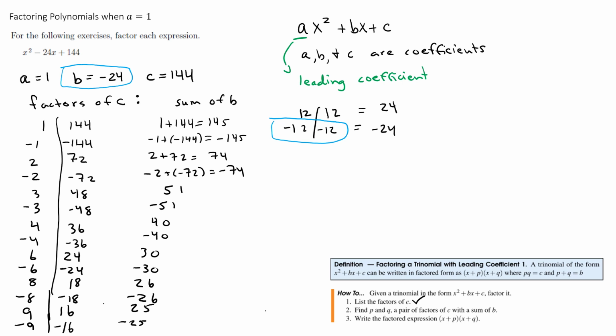Then using step 3, it should be x plus our p-value, which is negative 12, and x plus our q-value, which is negative 12. We can simplify that a little bit. If we're adding a negative, that's like subtracting, so x minus 12, x minus 12, and that's a perfectly acceptable answer. You might also notice that these are exactly the same factor, so we can also write this as x minus 12 squared.